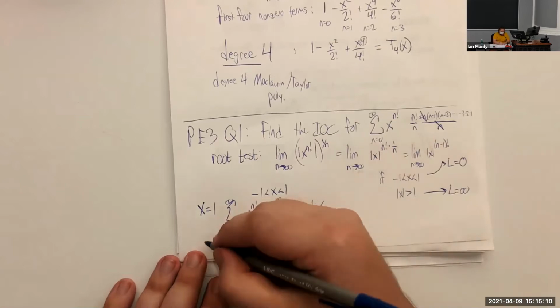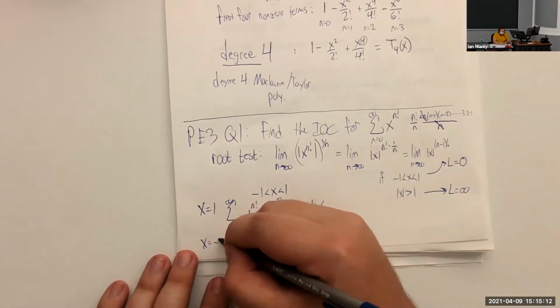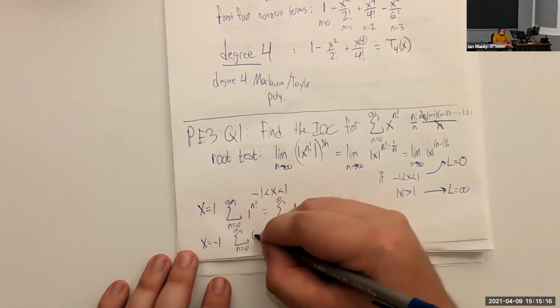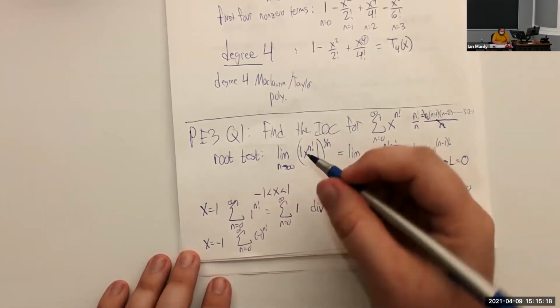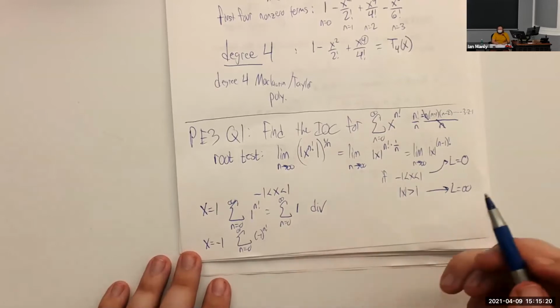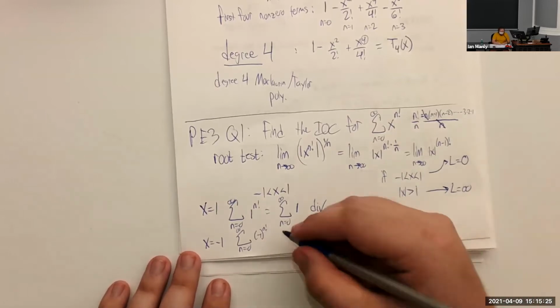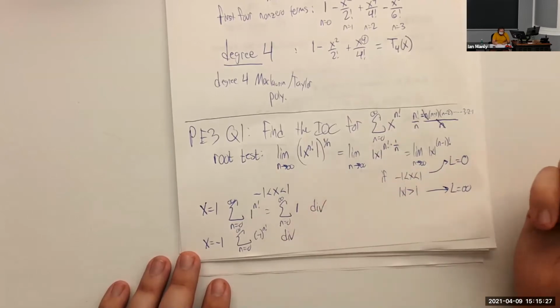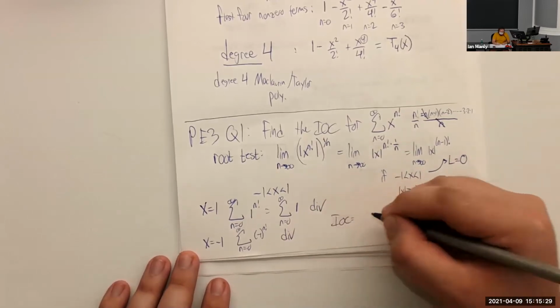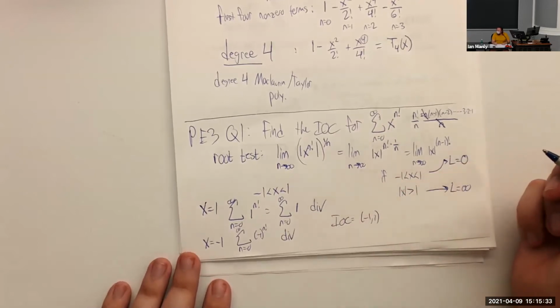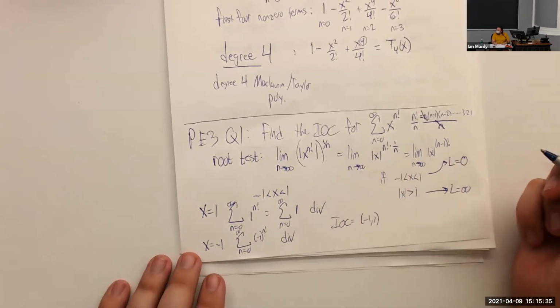And then the same thing goes for x equals -1. So if I look at -1 to the n factorial, that also will not go to 0. In fact, it'll end up going to 1. So this will diverge as well. So our IOC for this one will be -1 to 1, but then not including the endpoints right here.